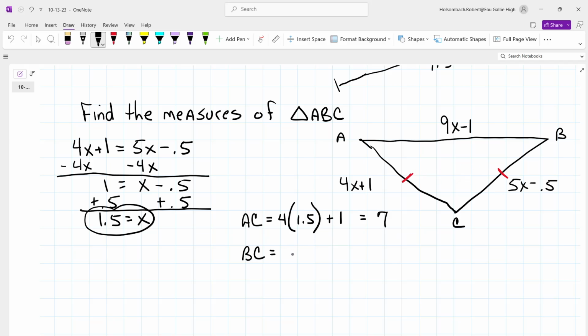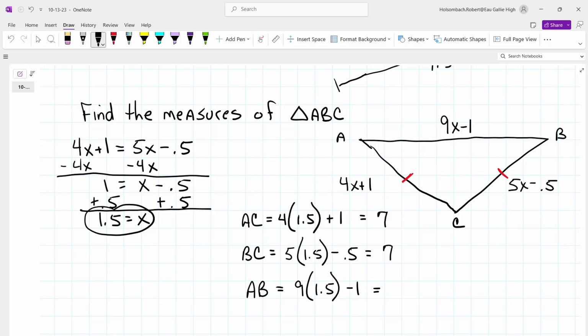But let's double check the math. 5 times 1.5 minus 0.5. And 5 times 1.5 is 7.5. Minus 0.5 is 7. So the algebra is correct. Your value of x is correct. And then side AB is equal to 9 times 1.5 minus 1.